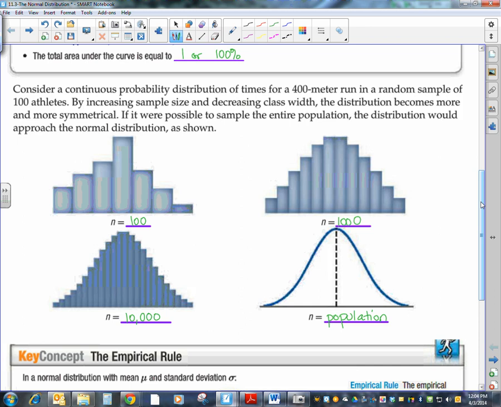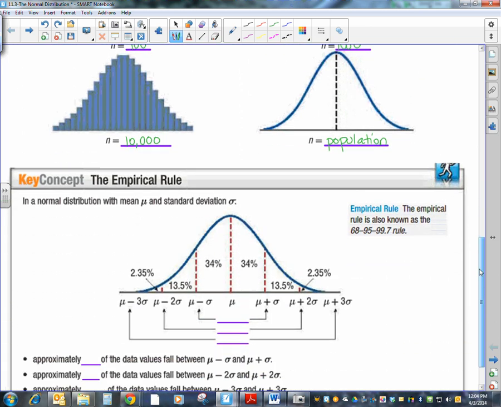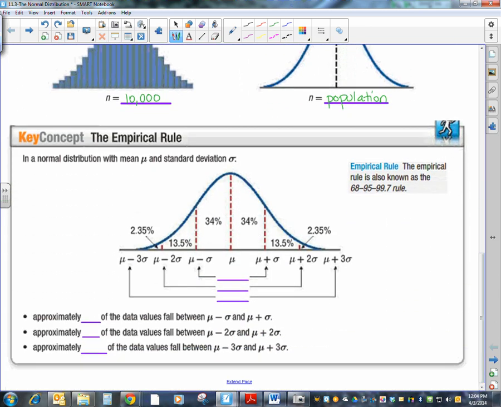Okay, and we have something called the empirical rule that describes this normal distribution. Okay, and what it is, the mean is at the middle. Okay, remember that's the mean, median, and the mode, and it's symmetric. So what we know, and part of how the standard deviation is defined, is that on both sides 34% fall within one standard deviation.